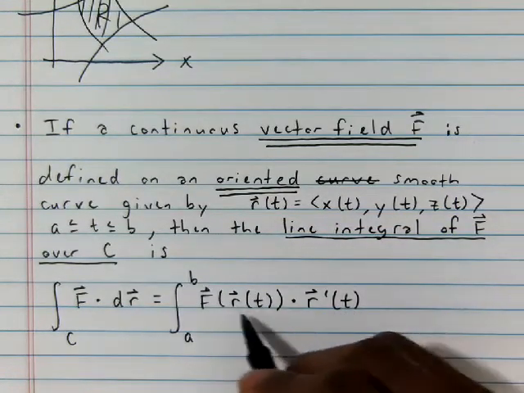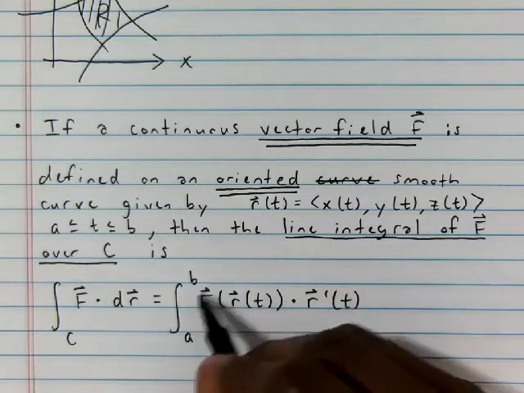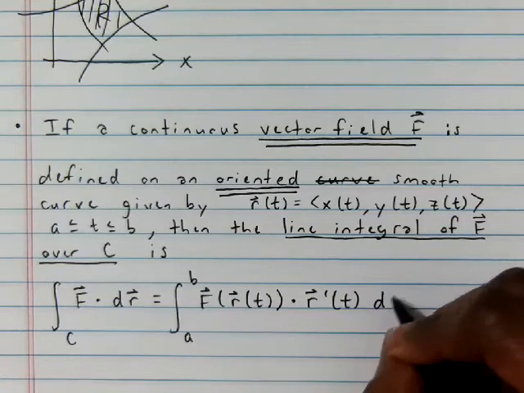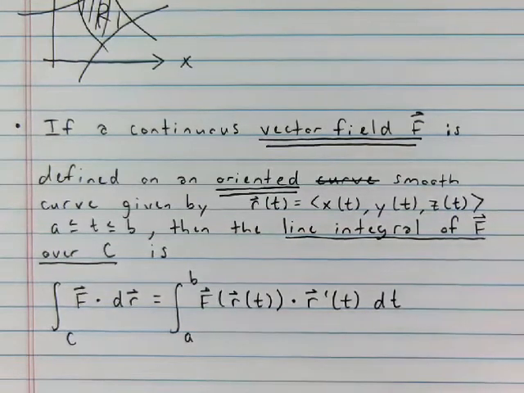When we take this dot product, we'll have some scalar function of t, and then we integrate that with respect to t.